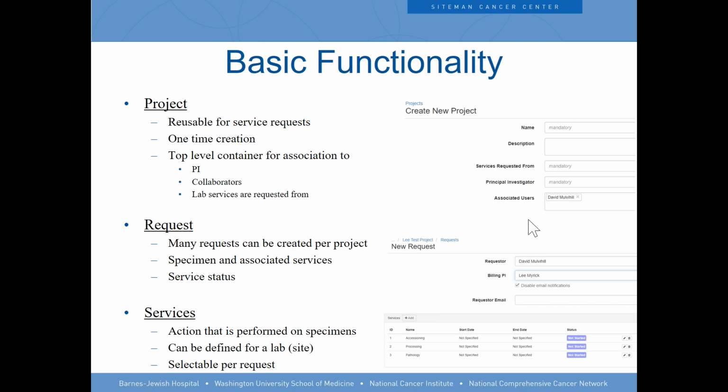Right. So everything is based on your roles and also whether you are associated with that project, and that's broadly how OpenSpecimen works across the platform. Everything depends on your roles, privileges, and your association with that specific object that you're dealing with.